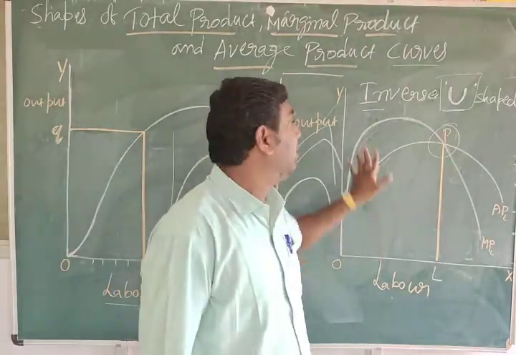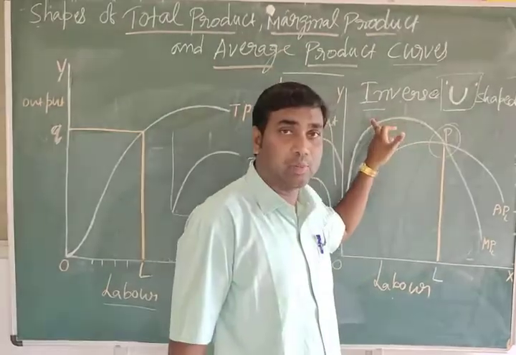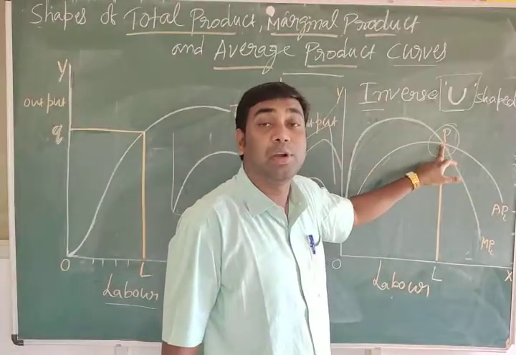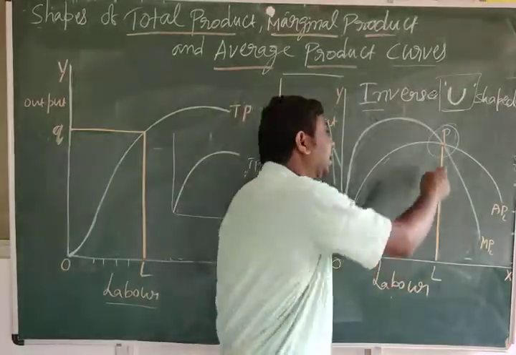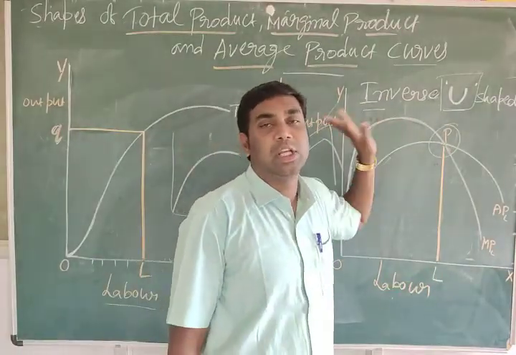It is very important. The marginal product curve always cuts the average product curve at the point of maximum. So both are inverse U shaped.